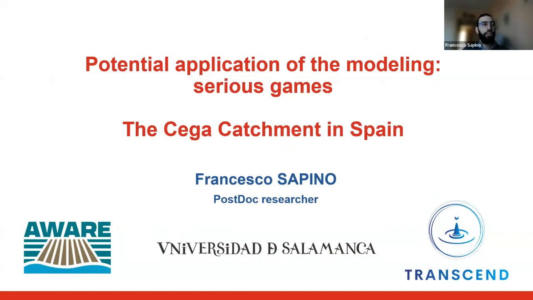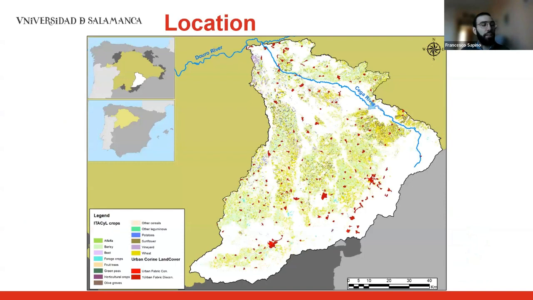The Sega catchment in Spain is located in central Spain, central north. It's an area that historically had high precipitation and availability of water. But as you can see in this subcatchment, we have the river only in a part of the subcatchment, so the majority of this catchment actually relies on groundwater.